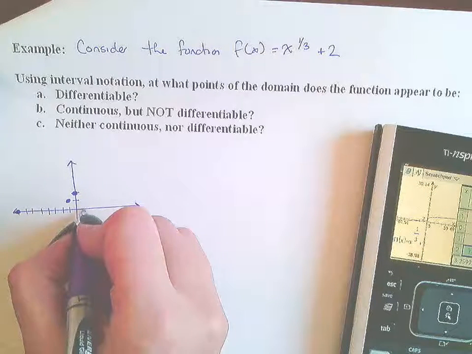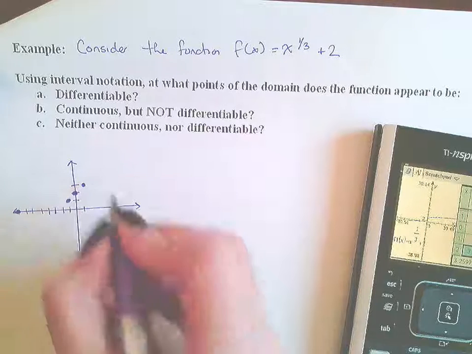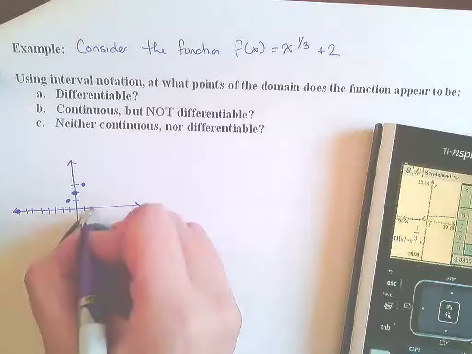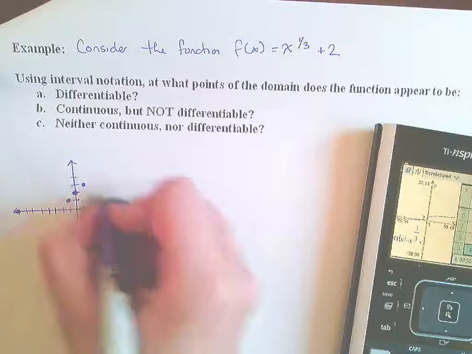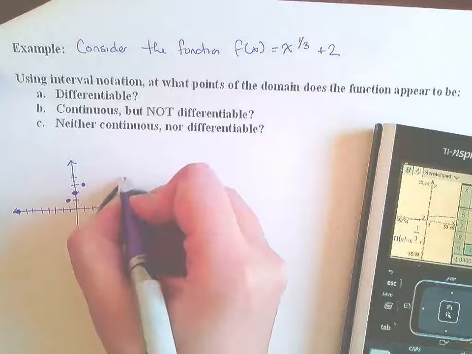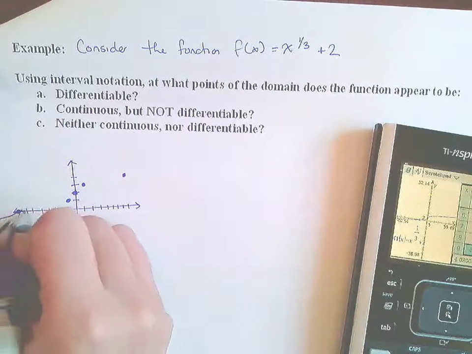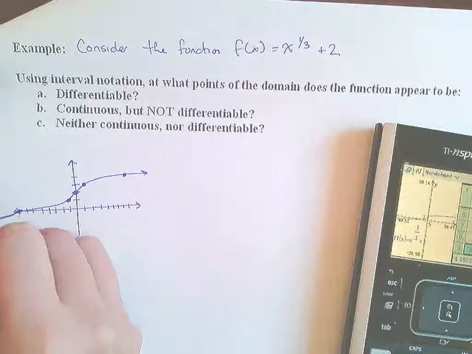At 1, it's 3. And then at 8, it's 4, which makes sense. All right, so there's the graph.